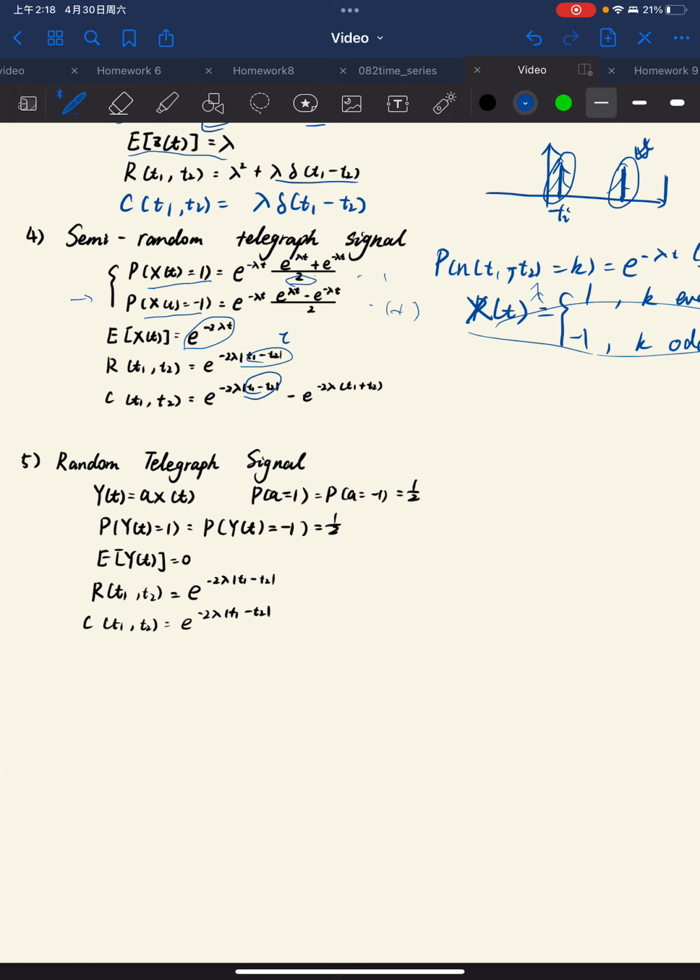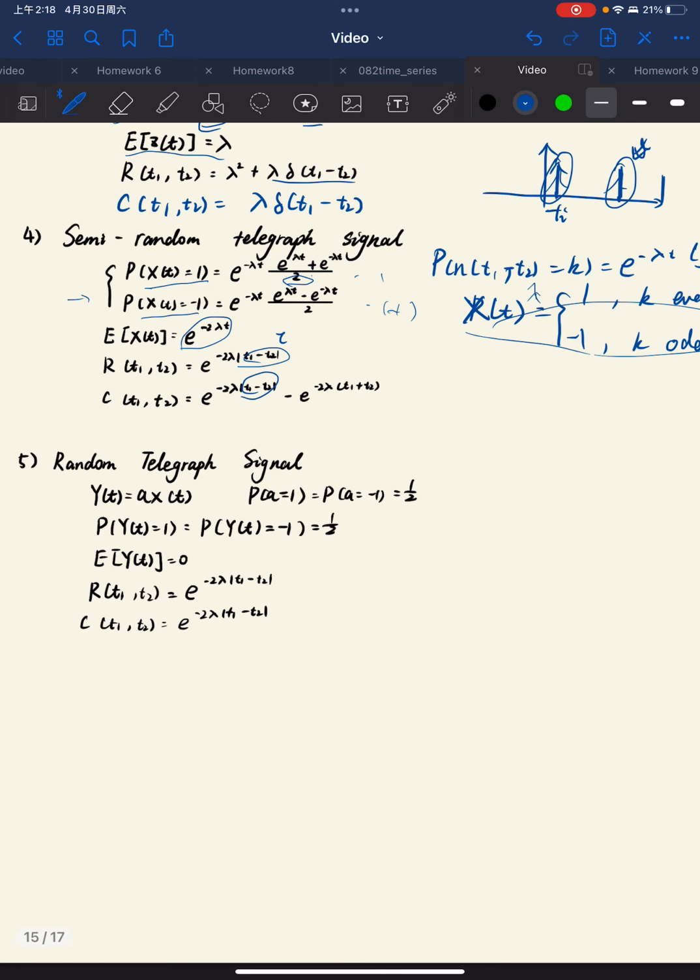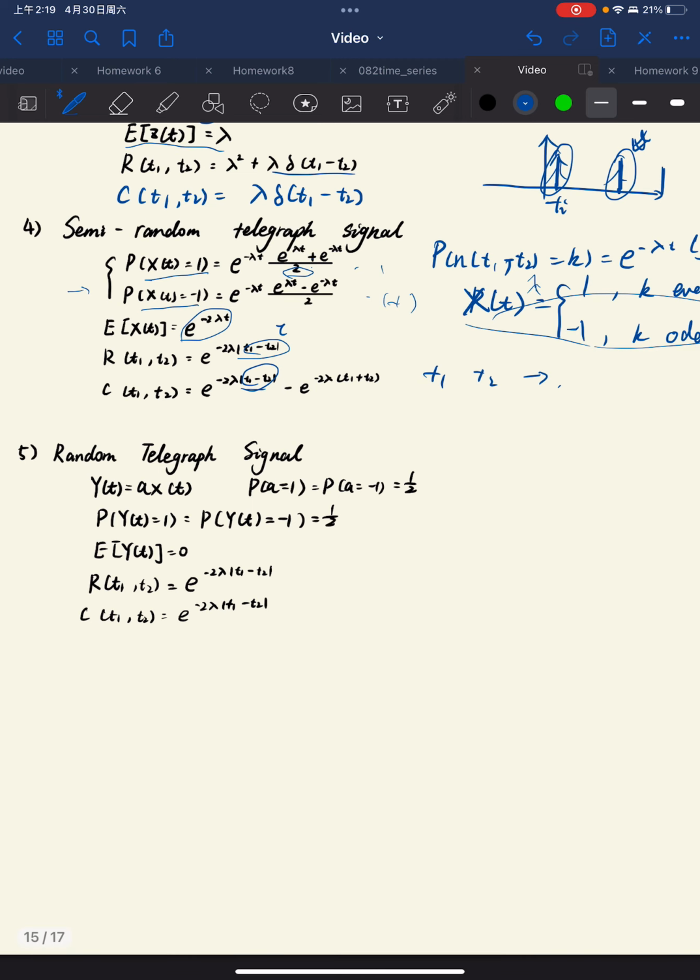Then if we look at the correlation and the covariance, we can see that if T1 and T2 go far away, their difference will be much larger, and they will be much less related.